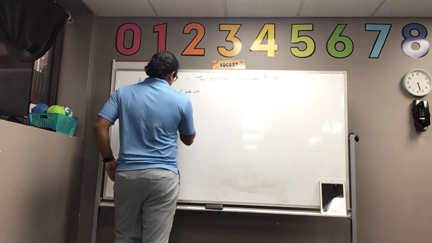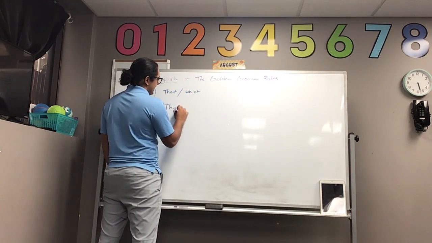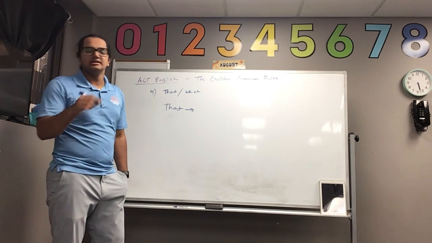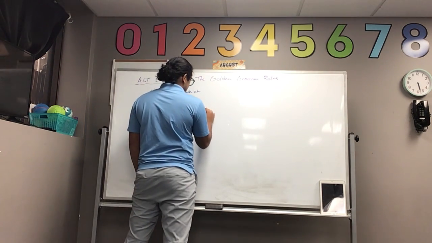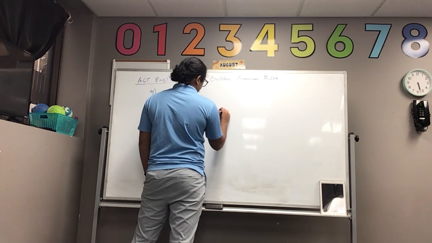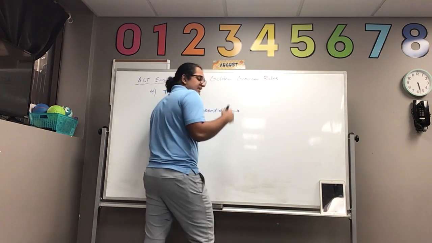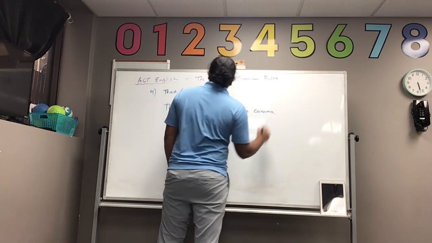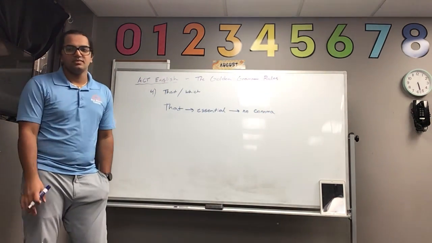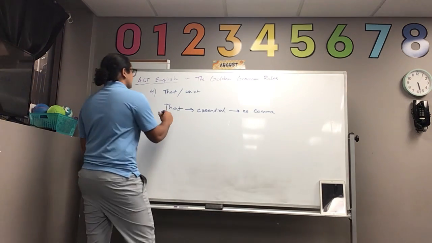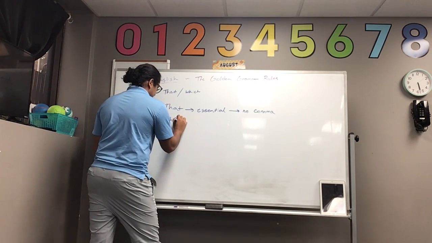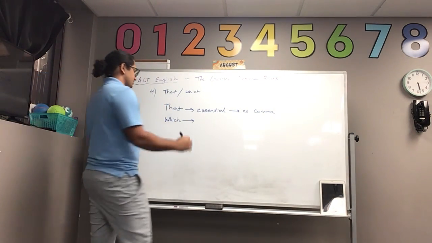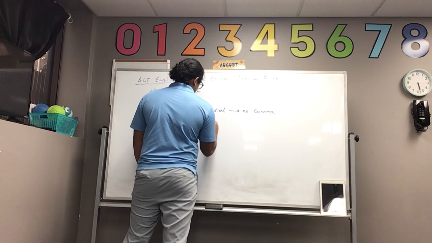So here's the context. That means that the clause that's attached to it is essential. And if you're going to use that, no comma. On the other hand, which is for non-essential phrases or clauses.